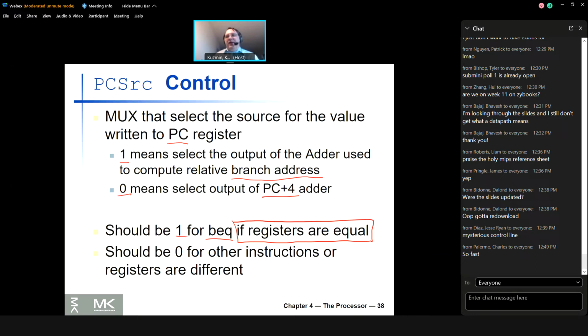And if you think about it, that zero flag is the same as the EQ or equals signal that we asked you to design as part of your 4-bit ALU on the most recent test. So it's 1 for BEQ and obviously 0 for other instructions. Or if it's BEQ but registers are different, then this PC source control signal should also be 0.